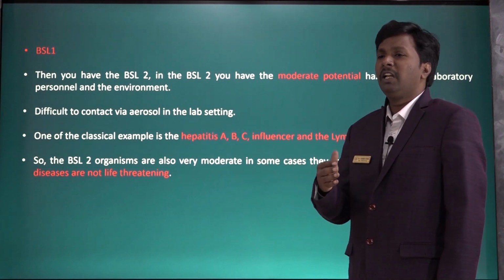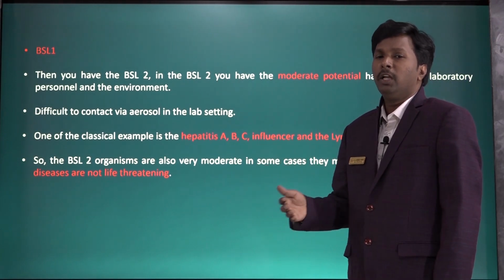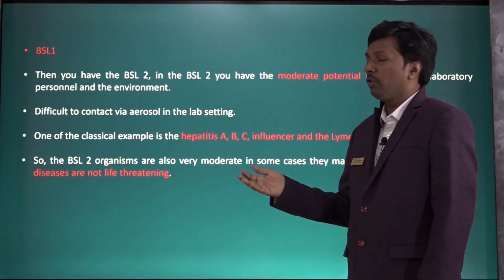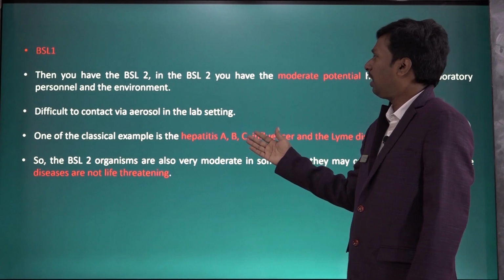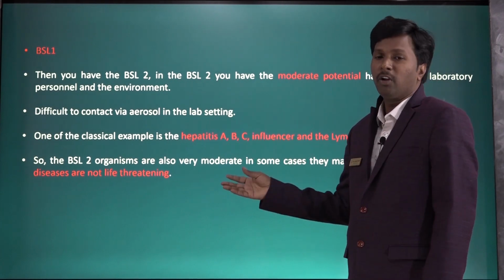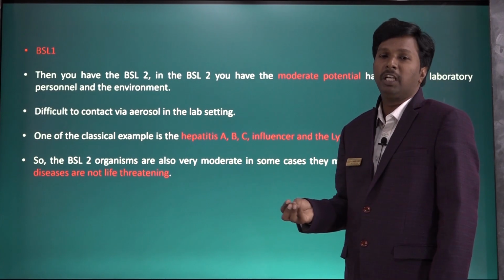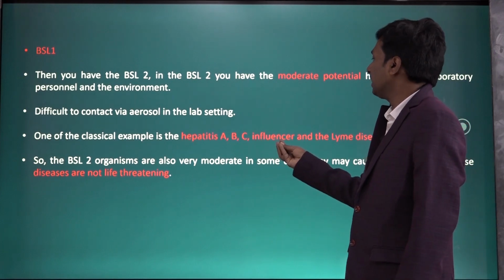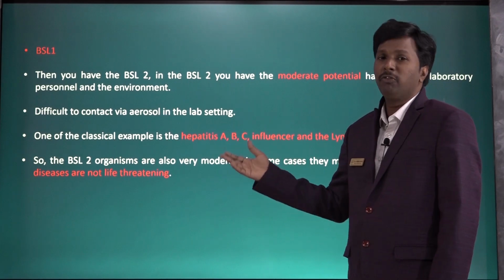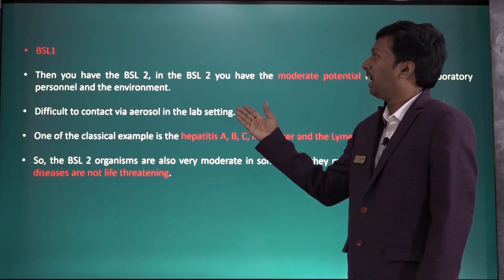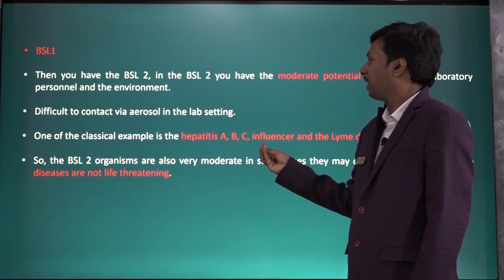Biosafety levels 1 and 2 are the general basic laboratories we routinely use. It is difficult to contract these via aerosol in the lab setting. Classical examples are Salmonella, Staphylococcus aureus, hepatitis A, B, C, influenza and Lyme disease. These are the diseases we may get while handling biosafety level 2 microorganisms.